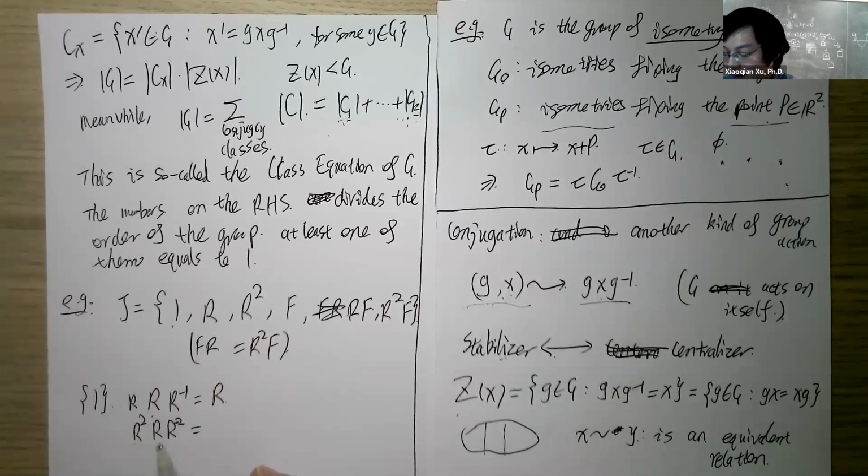R square acting on R minus 2 still gives you R, because R square and R commute with each other. That's also trivial.